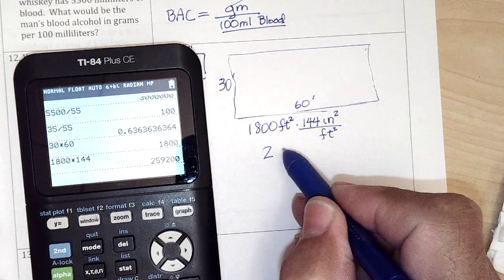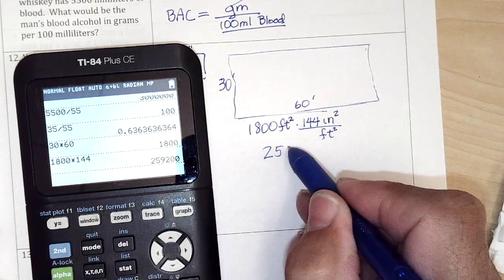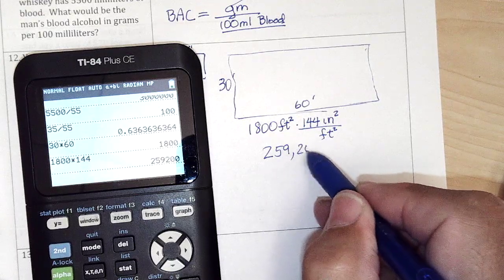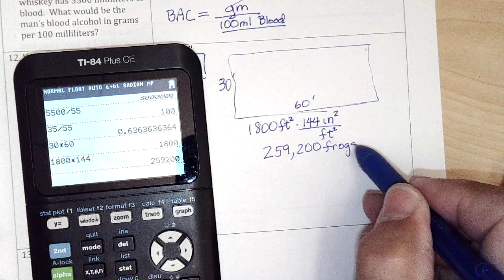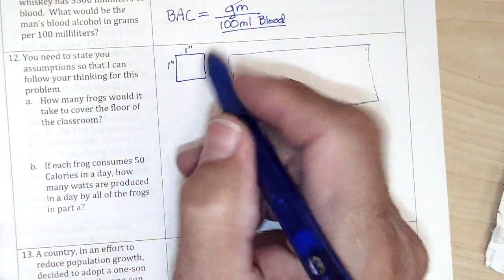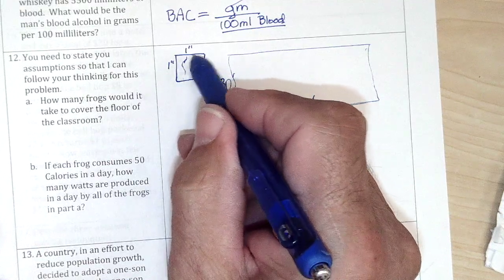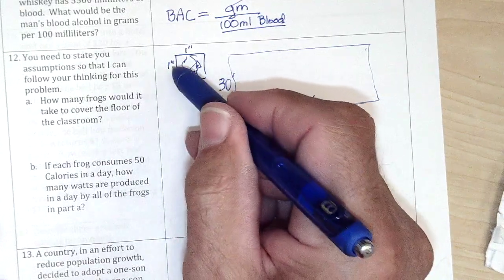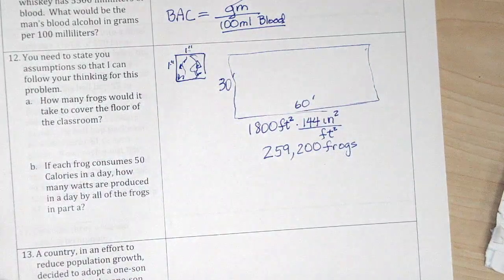It would take 259,200 frogs if you made the assumption that one frog, boy, I'm making a terrible looking frog, uses every square inch.